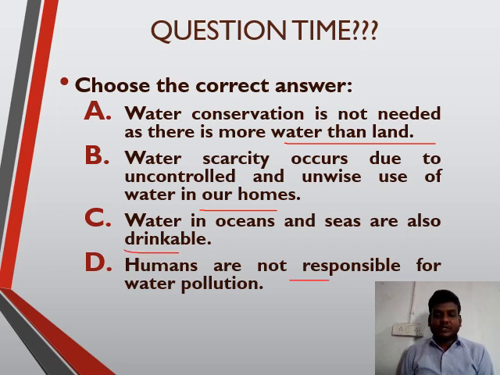Humans are not responsible for water pollution. What is the correct answer? Write your answer in the chat box. Here the correct answer is B, because water scarcity occurs due to uncontrolled and unwise use. This is the correct answer. The others are all incorrect.